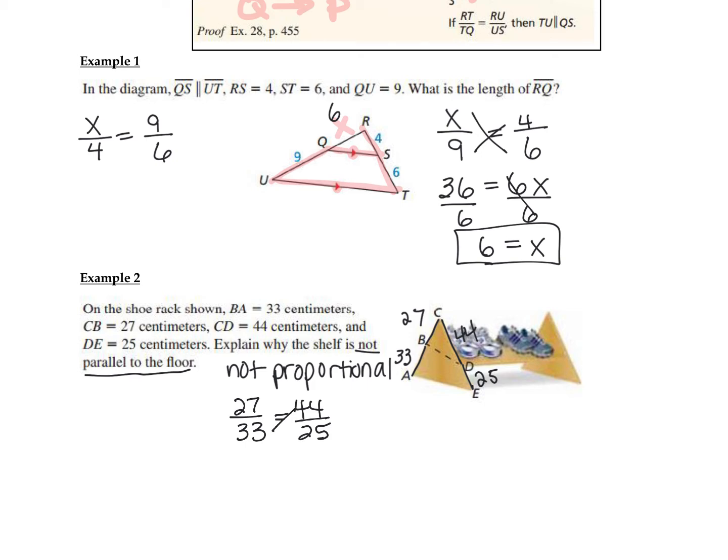So here we'll go 33 times 44. Is that equal to 27 times 25? So here we get 1,452. On the right side, we get 675. These are not equal. So that's why the shelf is not parallel to the floor.